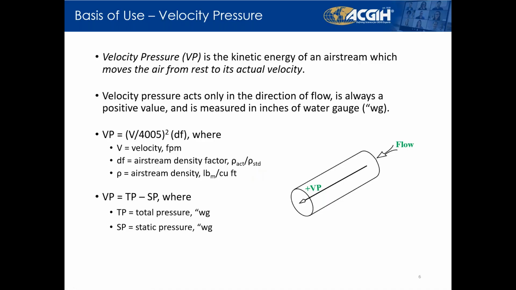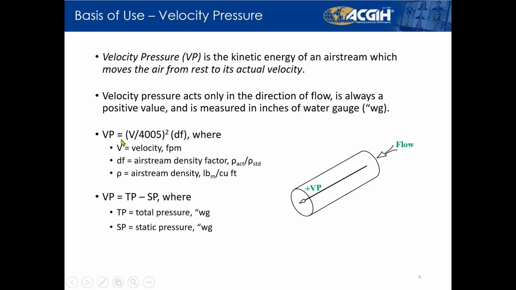Now, this means that for any given velocity, the velocity pressure is going to vary with the change in airstream density. For instance, if we have a 30-mile-per-hour wind on both a 10-degree day and a 100-degree day, the pressure generated by that 30-mile-per-hour wind will be greater on the 10-degree day because the air is colder and more dense than on the 100-degree day.